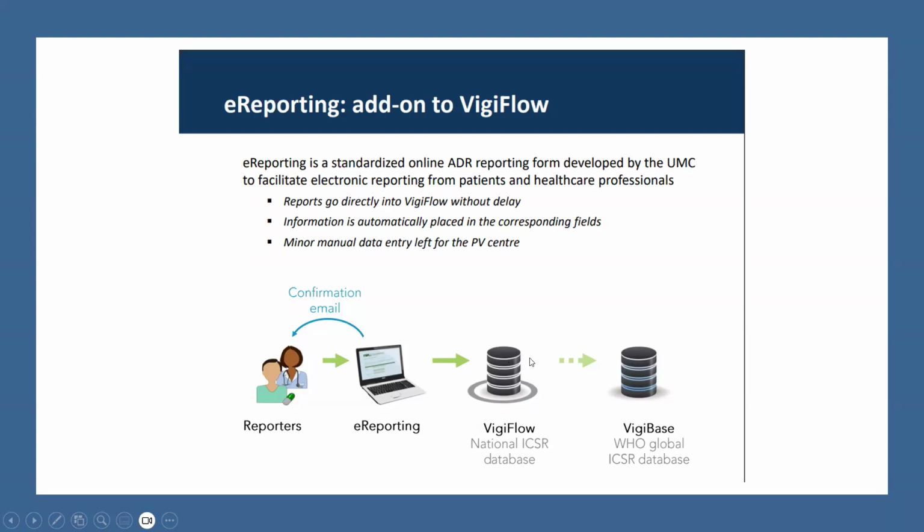And once it is submitted, the reporter will get confirmation at each level that your case is received at the central, or you can say national level, and now your case is closed and it is submitted to VigiBase. So it is not a one time intimation that your case is moved to the national database. No, till the time the case is open and moving, the reporter will get each and every intimation.